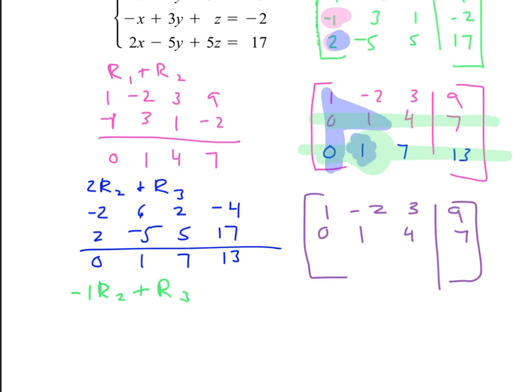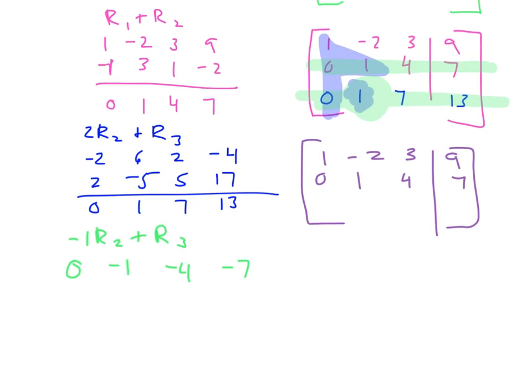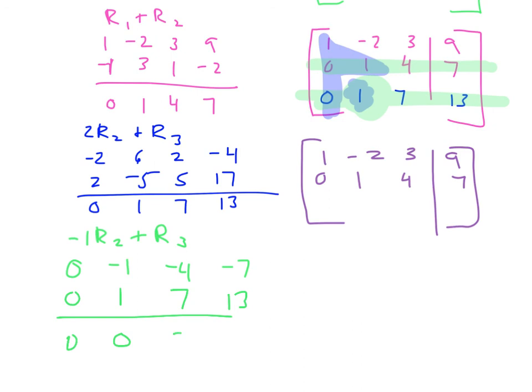So negative 1 times row 2 would be 0, negative 1, negative 4, and negative 7. Row 3 is 0, 1, 7, 13. Add them together. We have 0, 0, 3, and 6.